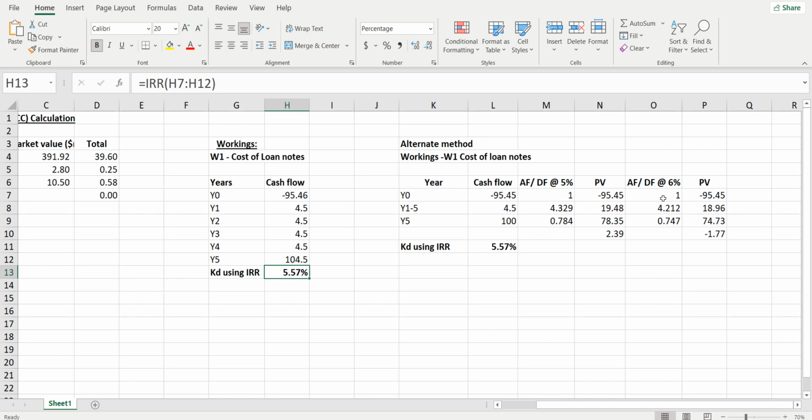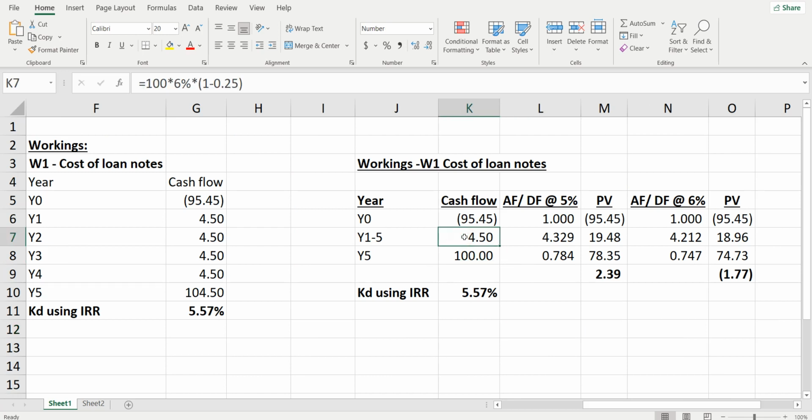So first year, discounting factor 1, second year you have to take the annuity factor. Okay, so this is the calculation. Same, 100 into 6% and times 1 minus 0.25, same calculation.